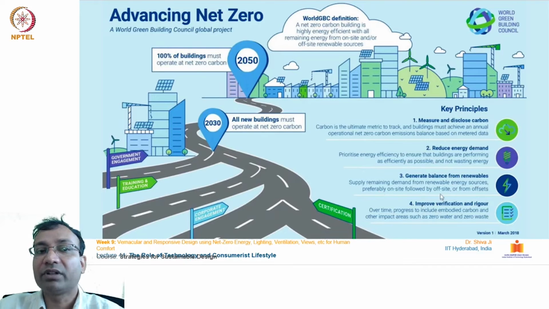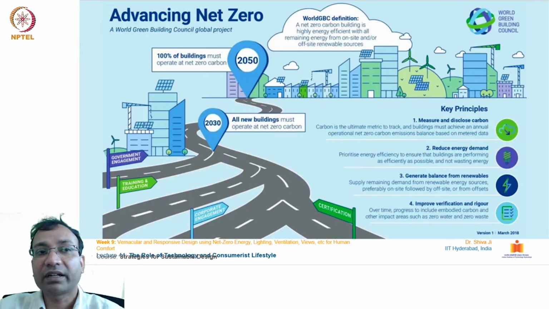Supply remaining demand from renewable energy sources, preferably on-site followed by off-site or from offsets. Lastly, fourth, improve verification and rigor. Over time, progress to include embodied carbon and other impact areas such as zero water and zero waste. So, not just a net zero energy building, but a zero water and zero waste building also.